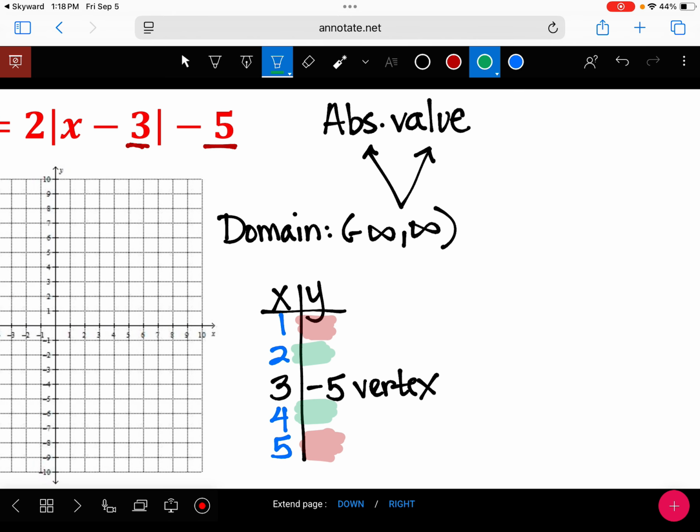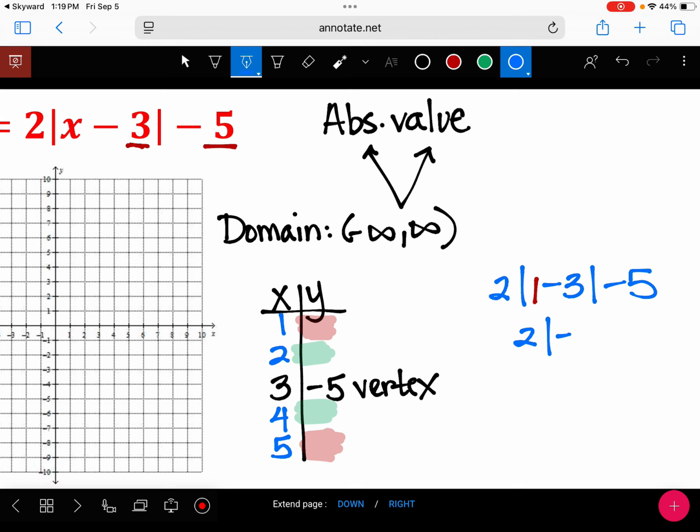So let's go through it together. So we have 2 times the absolute value. Let's put our 1 in. What is 1 minus 3? All right, so I have 2 times the absolute value of negative 2 minus 5. Okay. Who remembers what the absolute value of negative 2 is? 2.